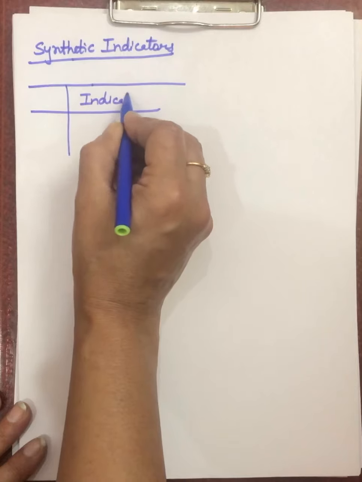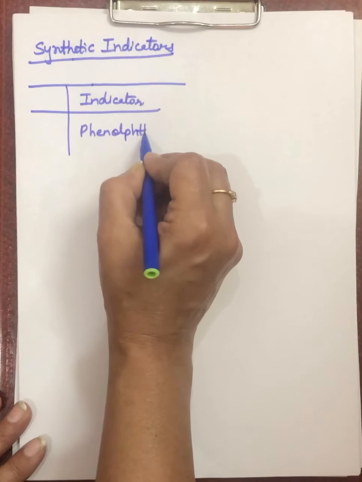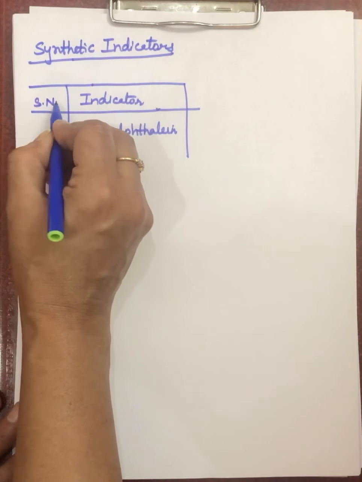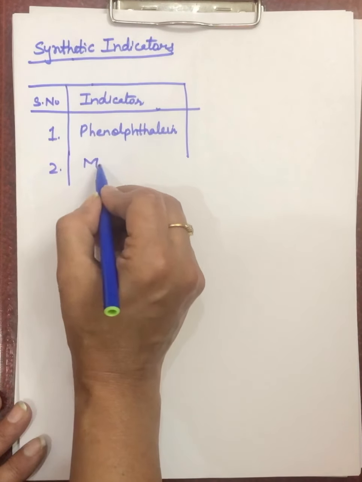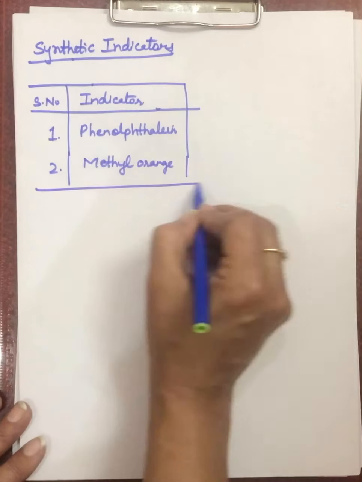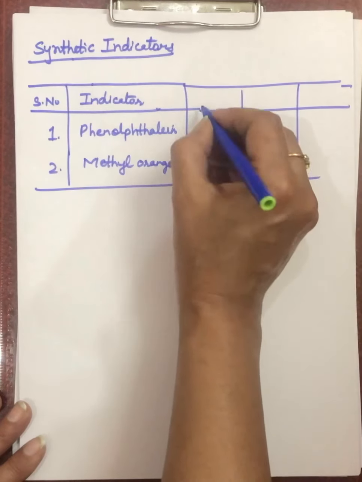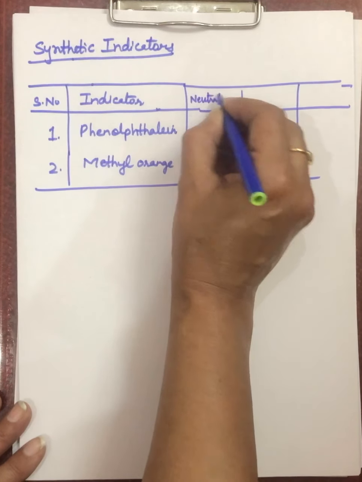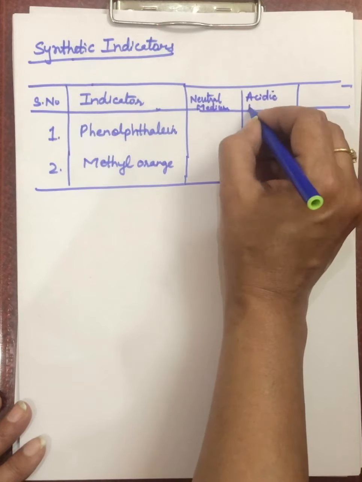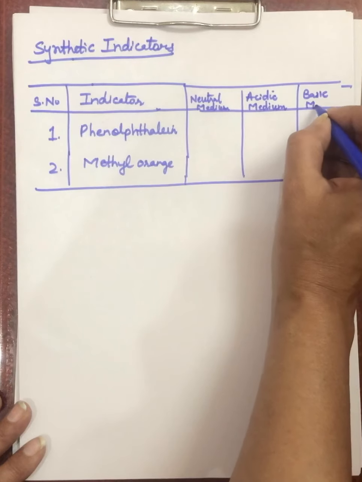Phenolphthalein and methyl orange. Now its color in neutral medium, in acidic medium, and in basic medium.